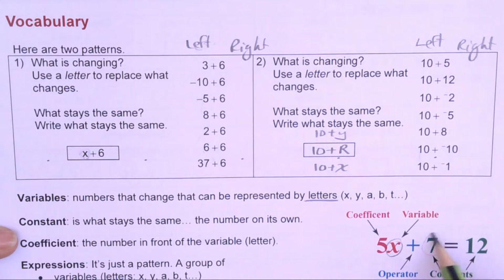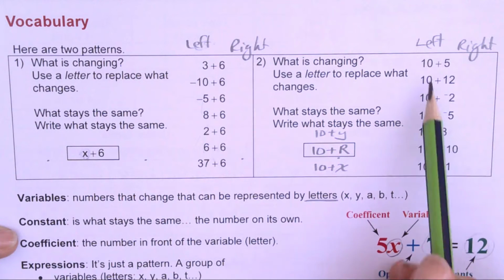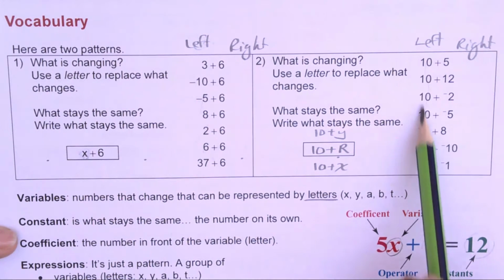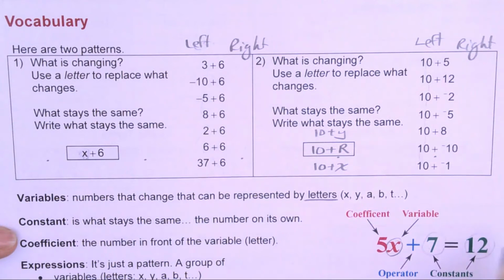They don't have any letters, so these are always going to stay the same. You can see here the 10 stayed the same, the 6 stayed the same. So there's no variable next to it, so it's always going to stay the same. The coefficient is when I have a term that has a variable, a letter, a coefficient is the number that's in front of the variable.